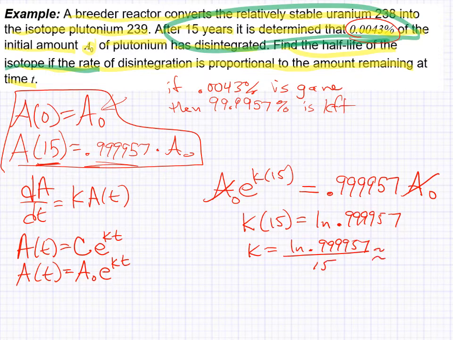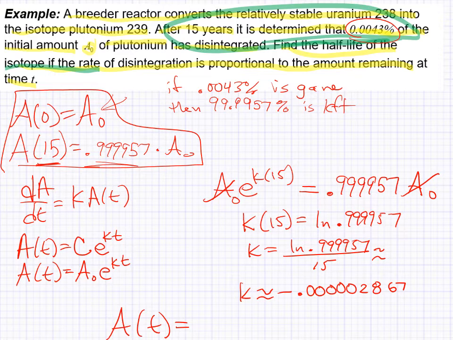So roughly that constant would be negative 0.00000, so 5 zeros, 2867.